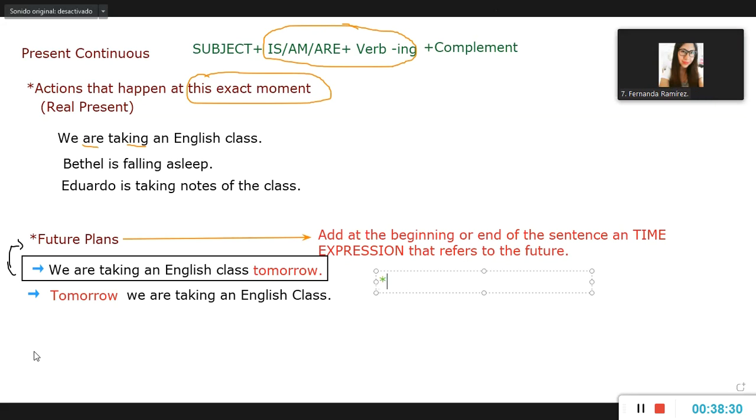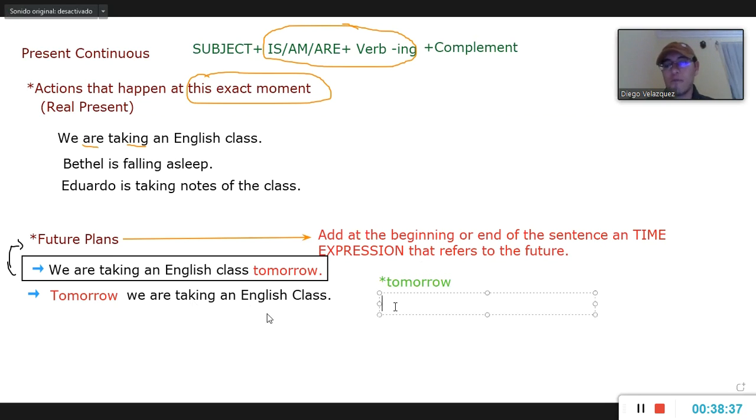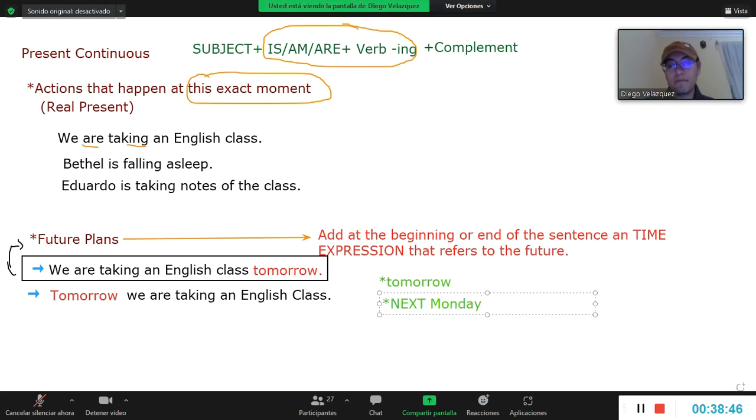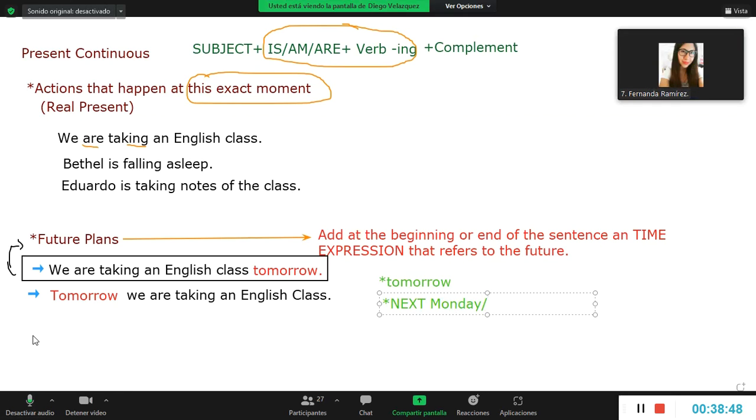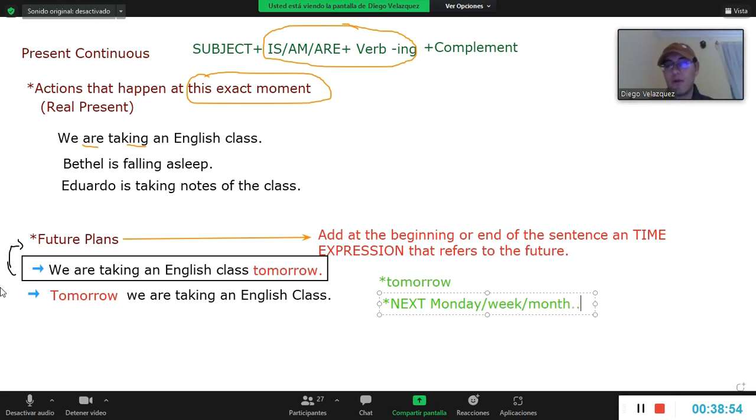As you can observe, we can speak about tomorrow. Maybe we can use the expressions with next Monday, or next week, next month, year, century, millennium, etc.